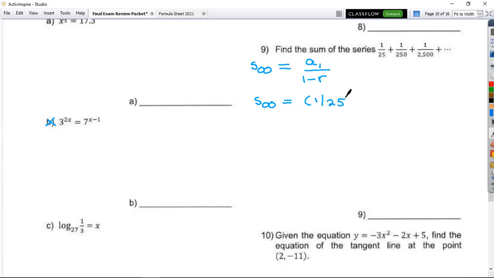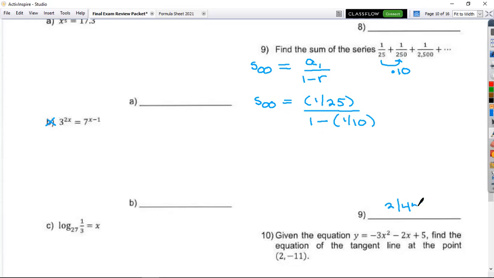And then I'm going to go 1 minus r. If I look at what's happening here to my denominator, I'm multiplying by 10. So my ratio is 1/10. All you have to do is take that fraction, type it in your calculator, and I get an answer of 2 divided by 45.